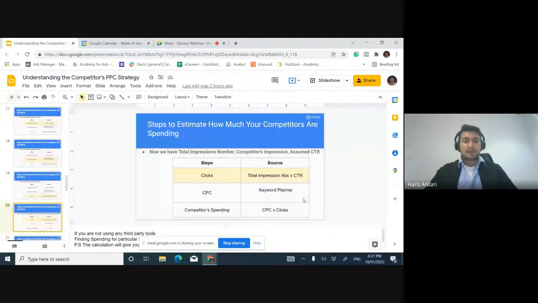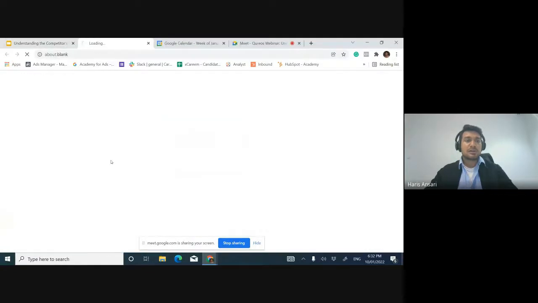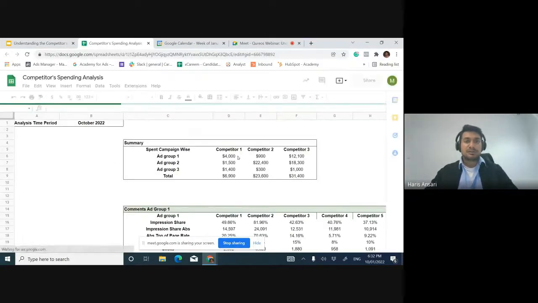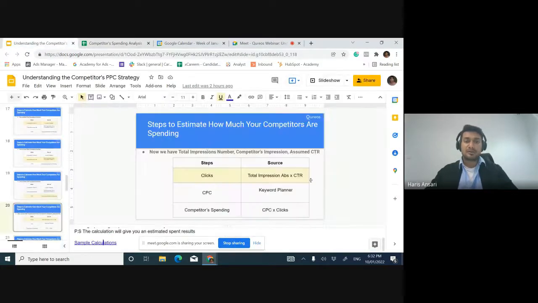I have also attached a sheet in this slide, which will take you to a sample calculation on Google Sheet. It's a template you can use later whenever you are calculating the spend of your competitors.